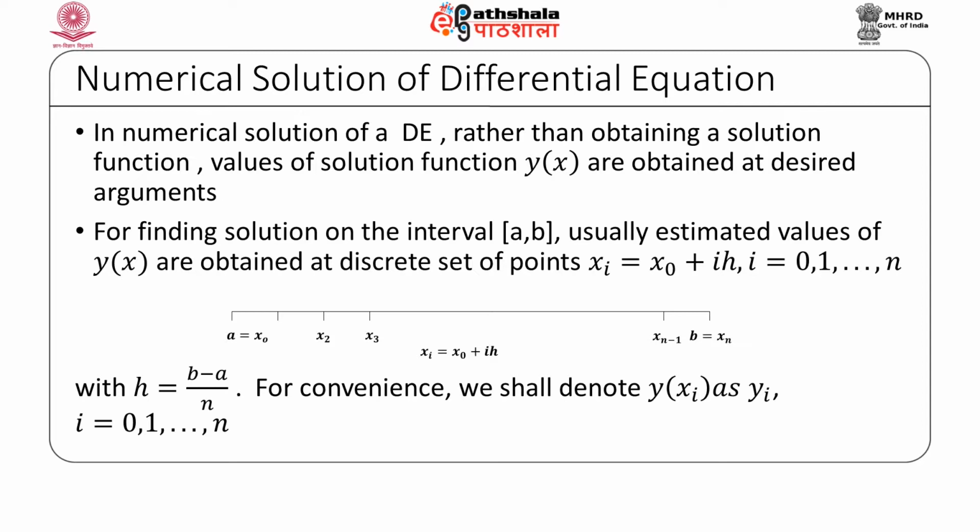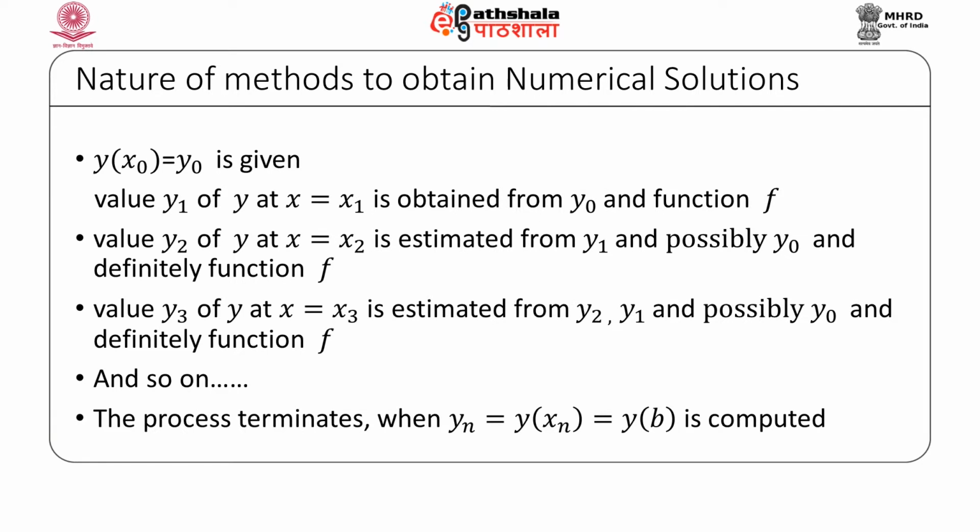The beginning point x0 is given to us in the initial value problem. We will find the value at the point x equal to x1, then at x2, then at x3. So, step by step, beginning from x0, at x1, x2, x3, x4, and so on, we go up to x equal to xn, at the point x equal to b.